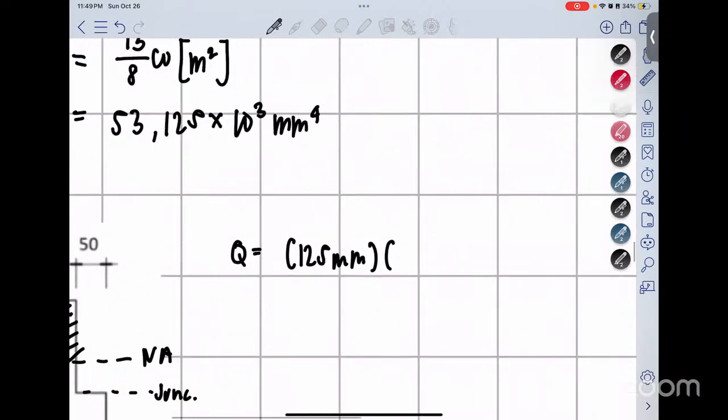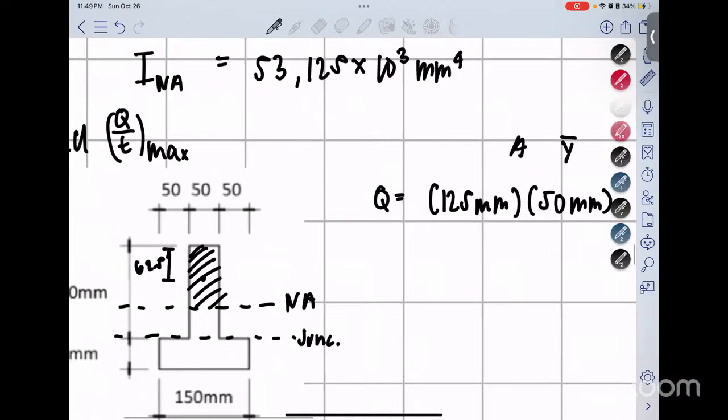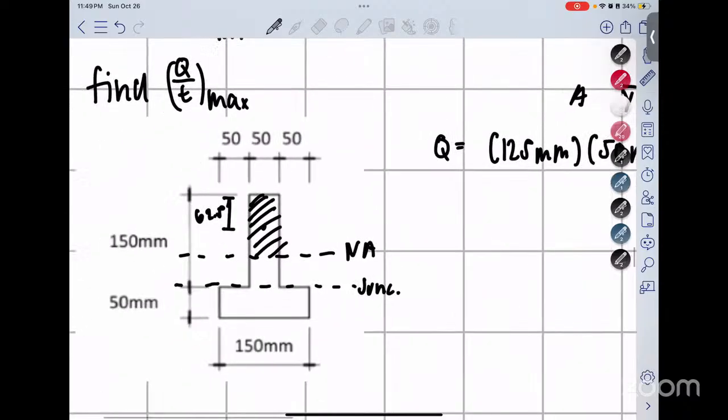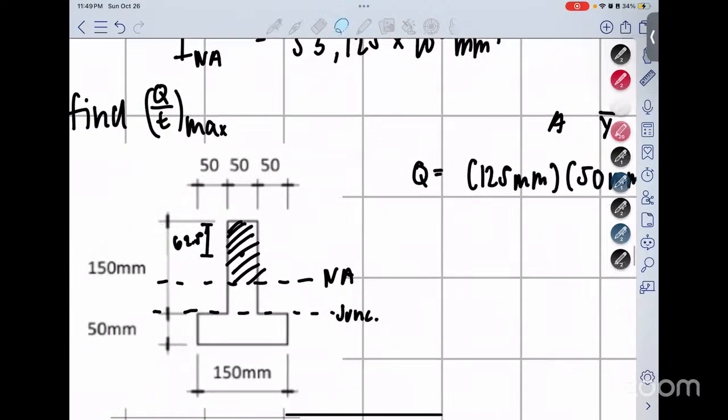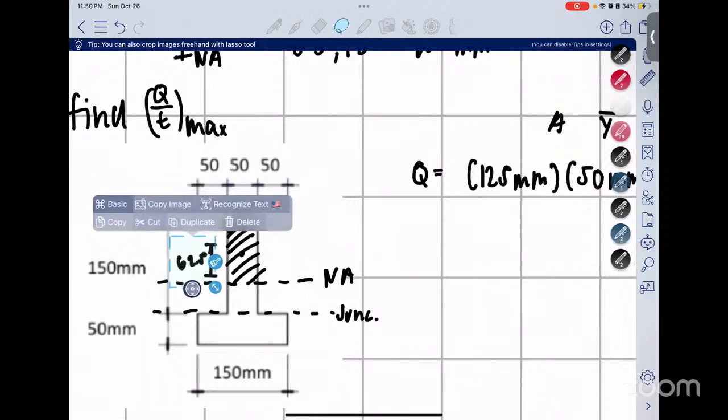The base is 50, so again this is just A times Y. The distance to the neutral axis is 62.5. Both are the same naman, pero it's better to refer to it here.